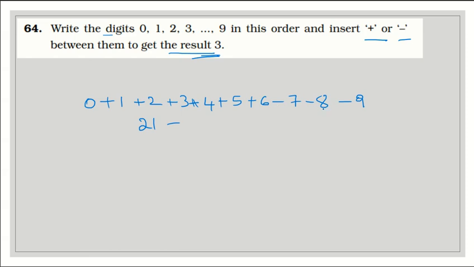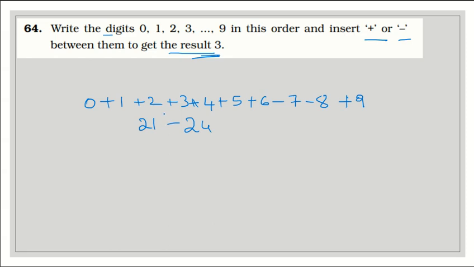Here 7, 8 and 9, their sum is 24, and the difference here. Now I think here we are getting, so I will place this as plus 6.